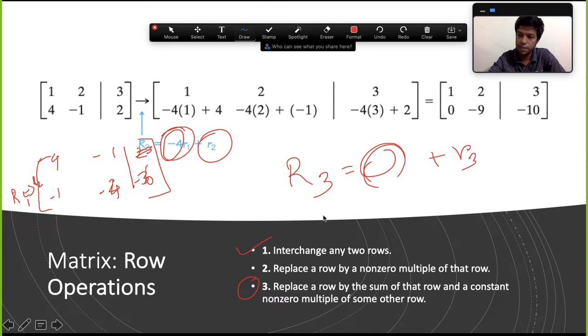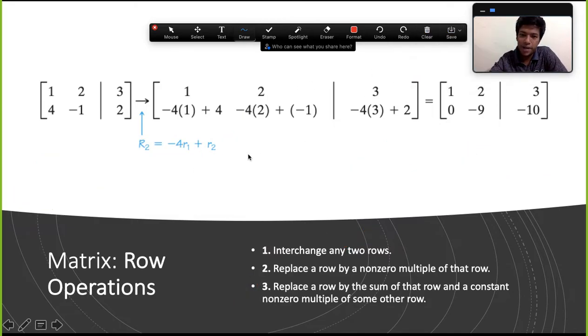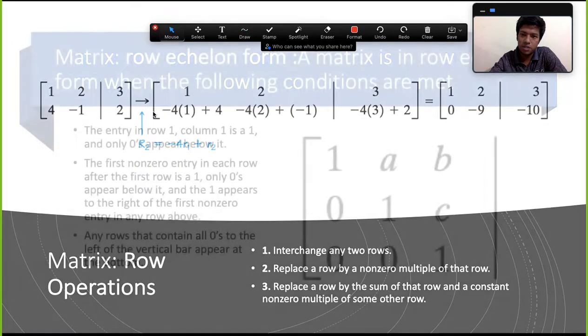Or you can write row 3 equals row 3 plus something or minus something. But row 3 should be intact. We cannot change row 3 when we are replacing row 3. We will try to apply these concepts in some application setup.